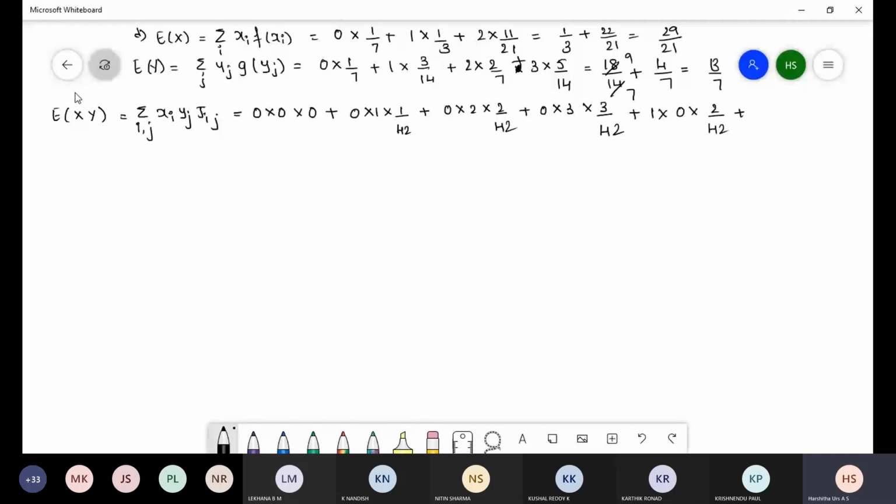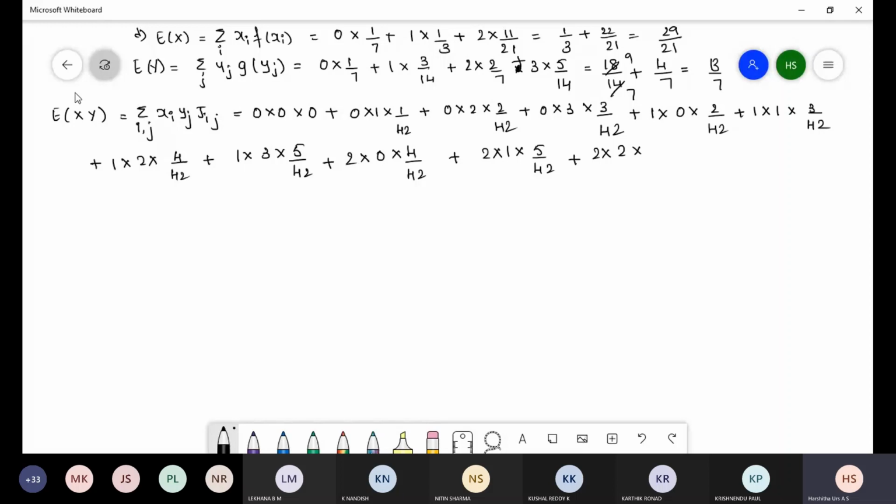This is also 0. 1 into 1 into 3 divided by 42. 1 into 2 into 4 divided by 42. 1 into 3 into 5 divided by 42 plus third one, 2 into 0 into 4 by 42 plus 2 into 1 into 5 by 42 plus 2 into 2 into 6 by 42 plus 2 into 3 into 7 by 42.